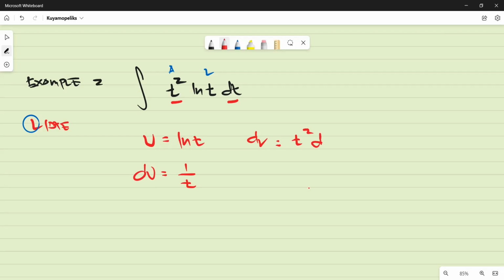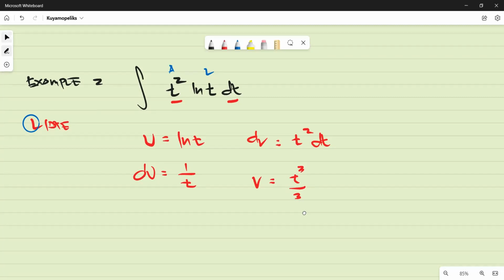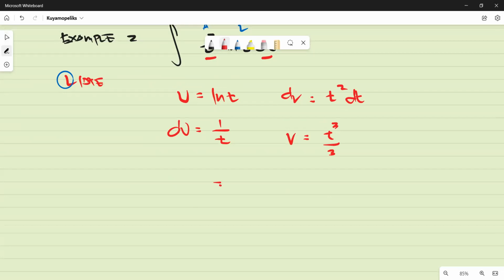T squared dt. And we get the integral of that. Our v is equal to, ano yung integral nito? Magiging t cubed over 3. And then, we input na siya doon sa ating uv minus integral ng v du. And that is equal to, ano yung u natin? ln t.